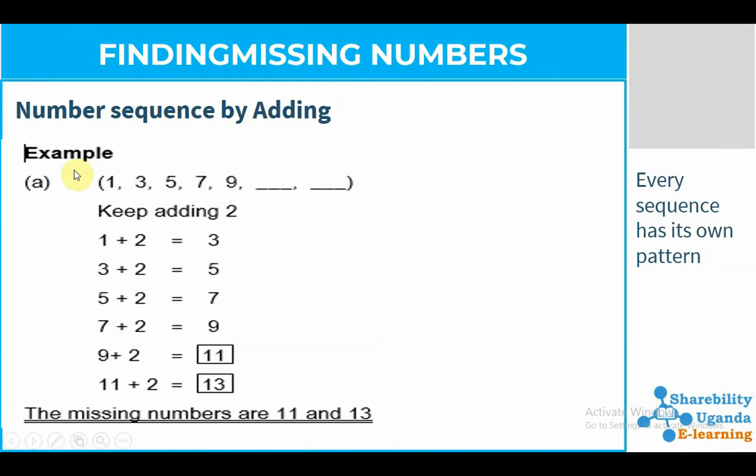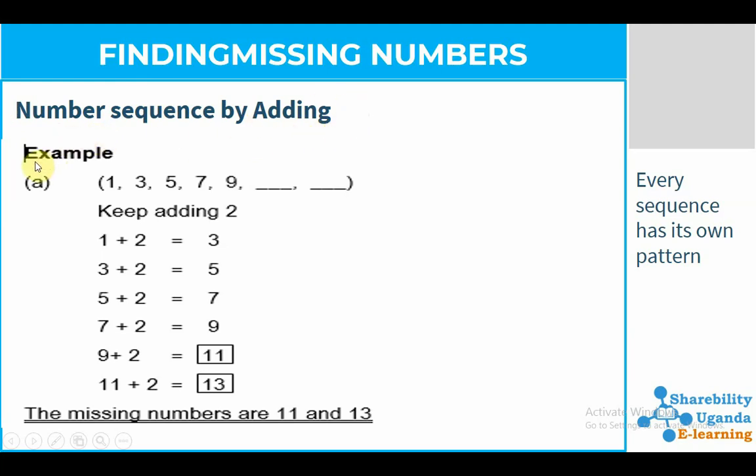The answers we are going to get might be got by multiplying that number by itself, or adding that number to itself, or adding that number to the next number which is ahead of it. So that's how we shall be dealing with number sequences in adding.